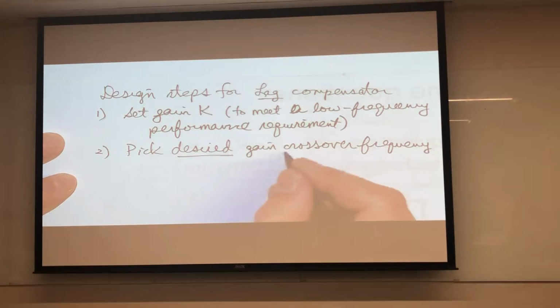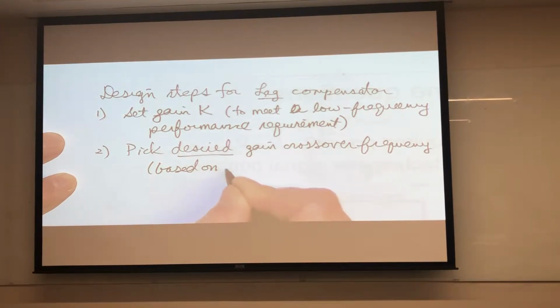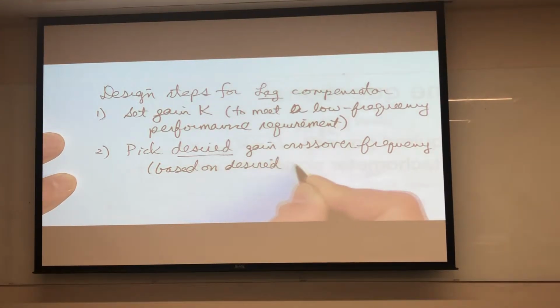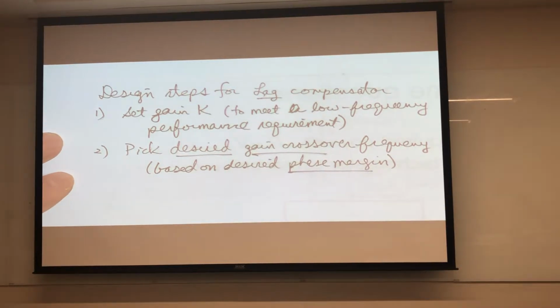What stability margin is measured at the gain crossover? It is the phase margin, right. We pick a desired gain crossover frequency, and this is based on the desired phase margin. Remember, phase margin is measured at the gain crossover.